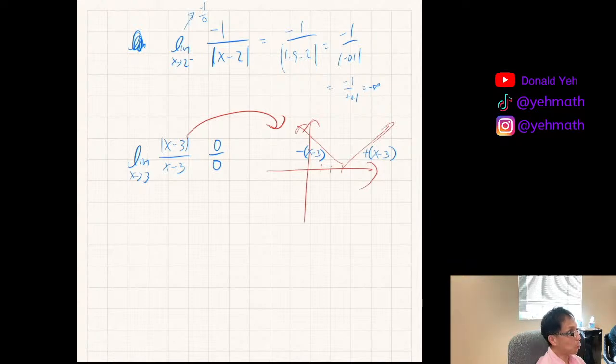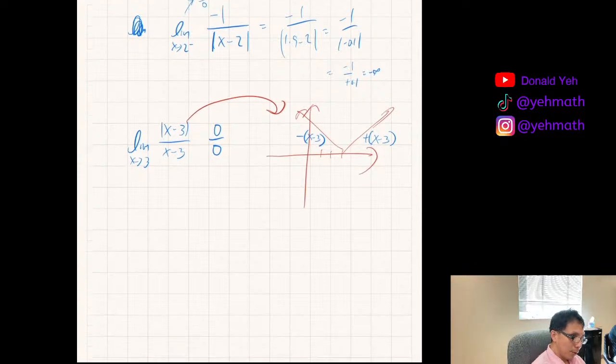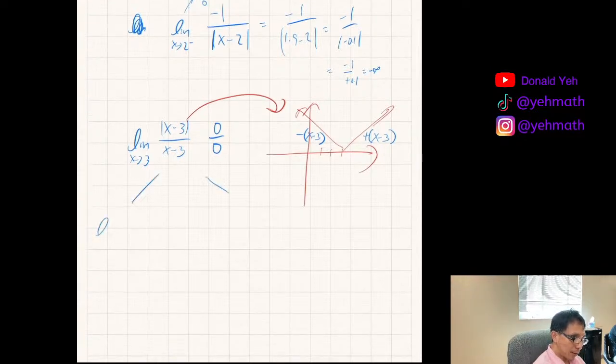I'm going to choose to do one-sided limits, so I'm going to do both sides. The limit as x approaches 3 from the left of absolute value x minus 3 over x minus 3. If I choose the left side, I must choose the left function. The left function is the negative of x minus 3, over x minus 3, as x approaches 3 from the left.